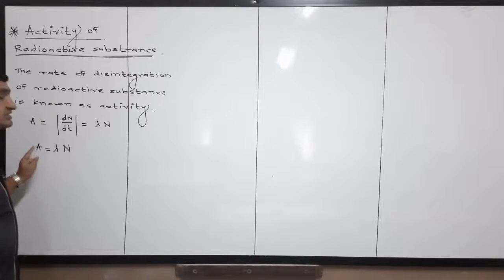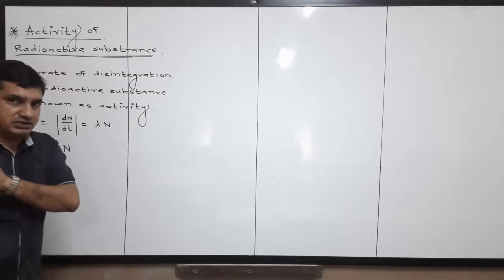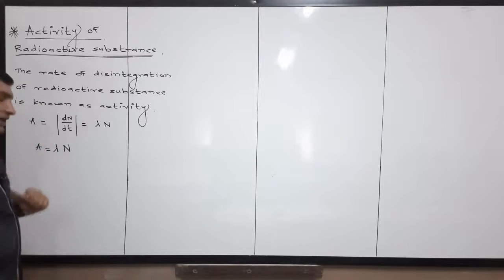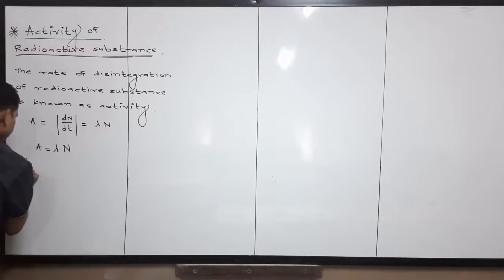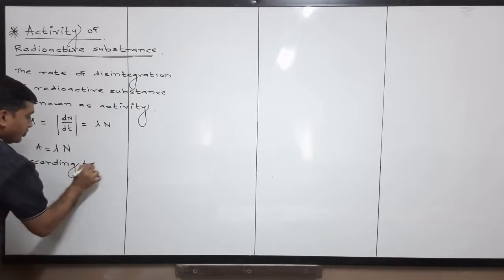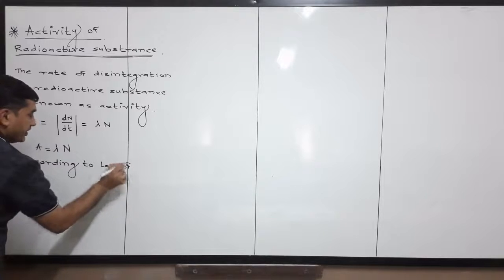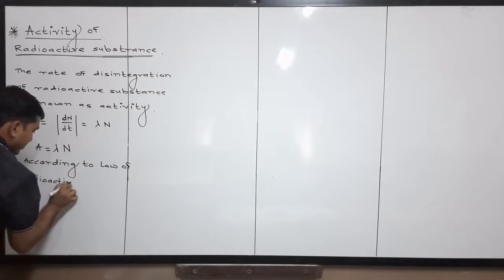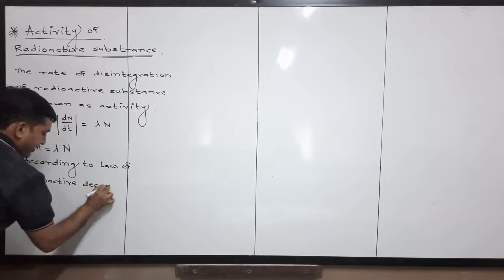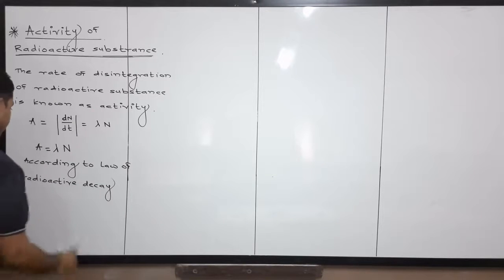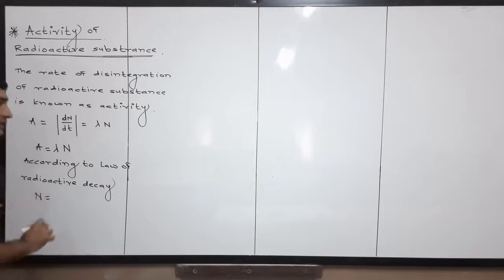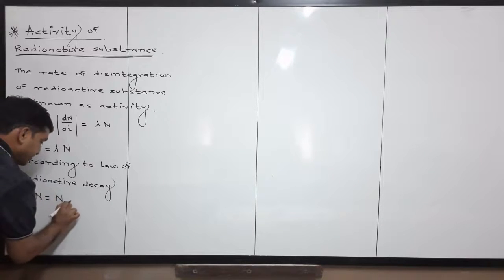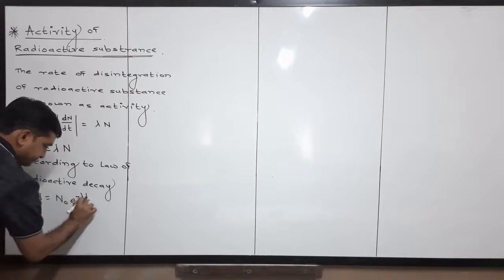This is the activity at a time t. According to the law of radioactive decay, the number of radioactive nuclei present at a time t is N equal to N0 e raised to minus lambda t.